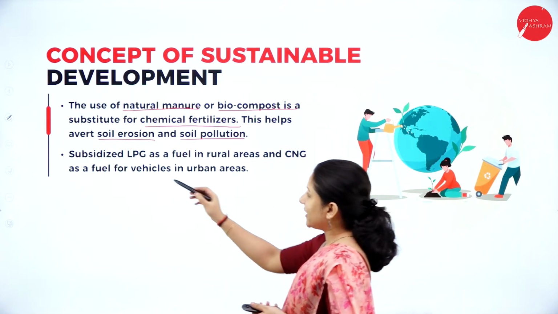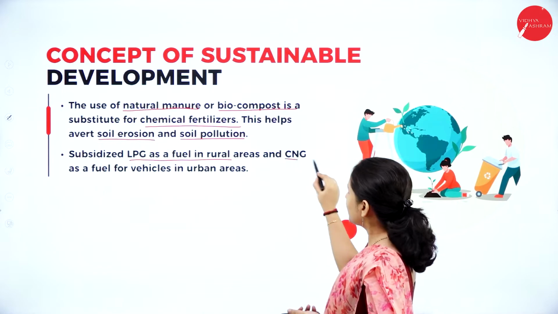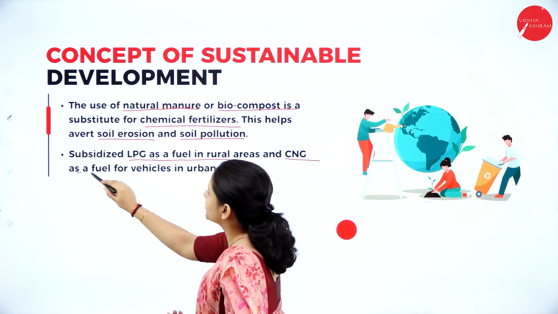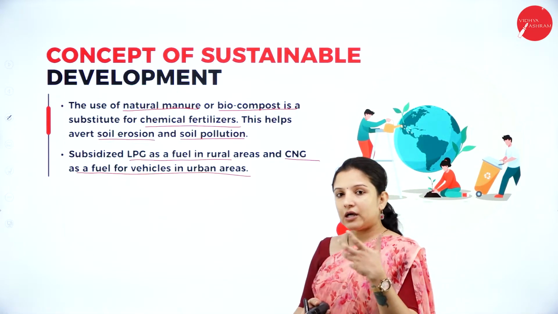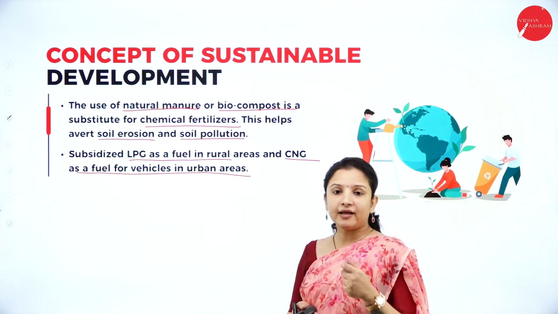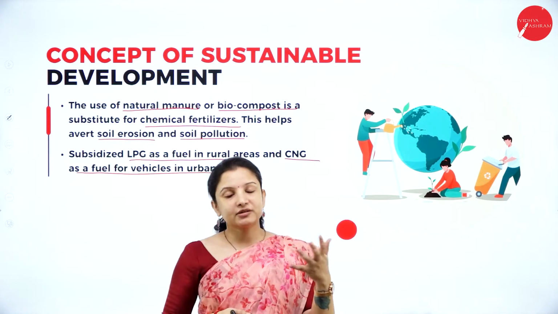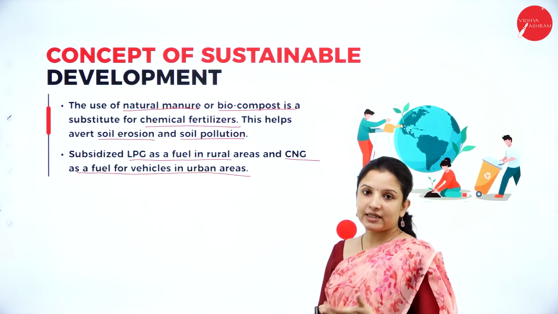Subsidized LPG as fuel can be used in rural areas, and compressed natural gas as fuel can be used for vehicles in urban areas. Not everybody can have LPG in their home, because there are many people who are still below the poverty line in India, right?